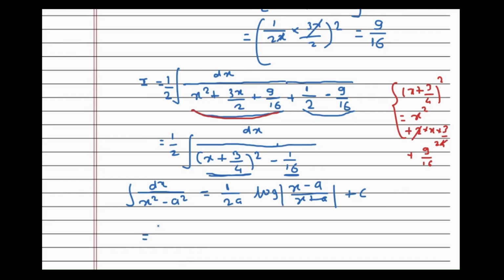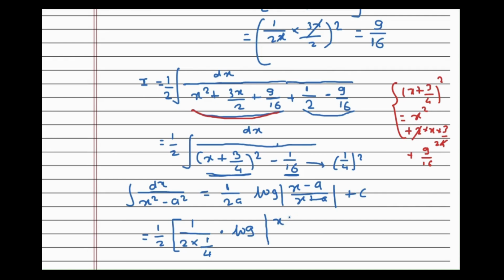So the standard formula will look like this: 1 upon 2 into a. What is a? a is this 1 by 4. This is actually a square; we could have written it like this also, 1 by 4 bracket square, 1 by 16. So x square minus a square, where a is 1 by 4: 1 upon 2a into log mod of x minus a upon x plus a.